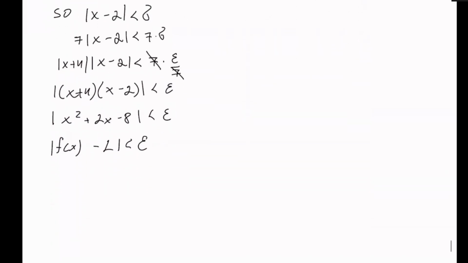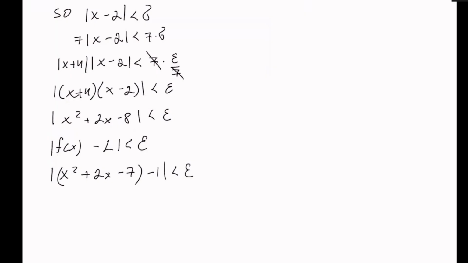But for that to be true, we need to write this expression as x squared + 2x - 7. But what we can do is break down this -8 into -7 plus -1, right? So I will write |x squared + 2x - 7 - 1| < epsilon. And as you can see, this is my f of x, this is my limit.